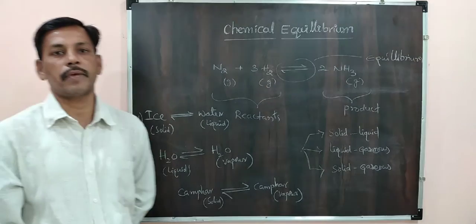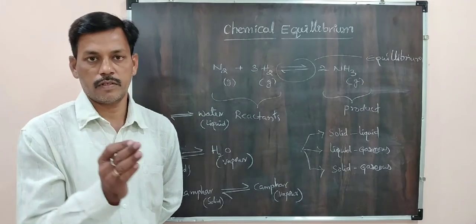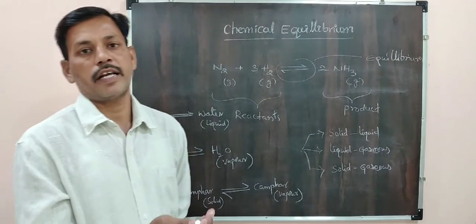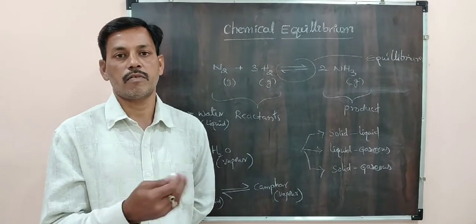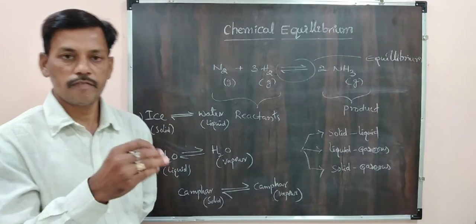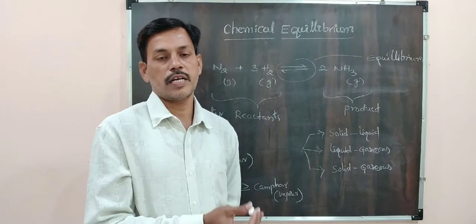Generally, a solid, when we give extra temperature or pressure to it, changes into the vapor state. And a liquid state changes into the vapor state if you give more temperature.